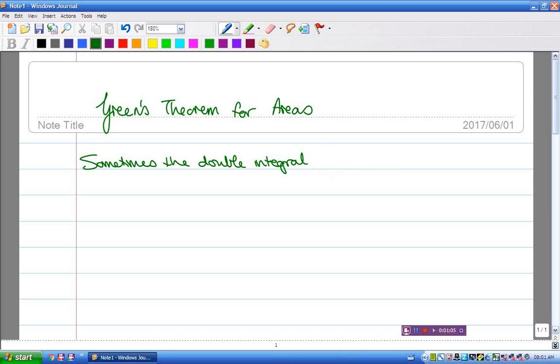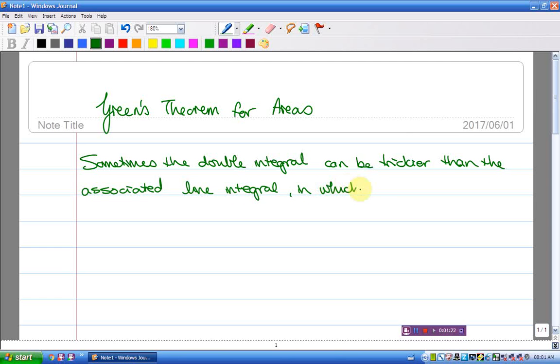Sometimes the double integral can be trickier than the associated line integral, in which case we can use Green's theorem in the other direction for what we were using yesterday.